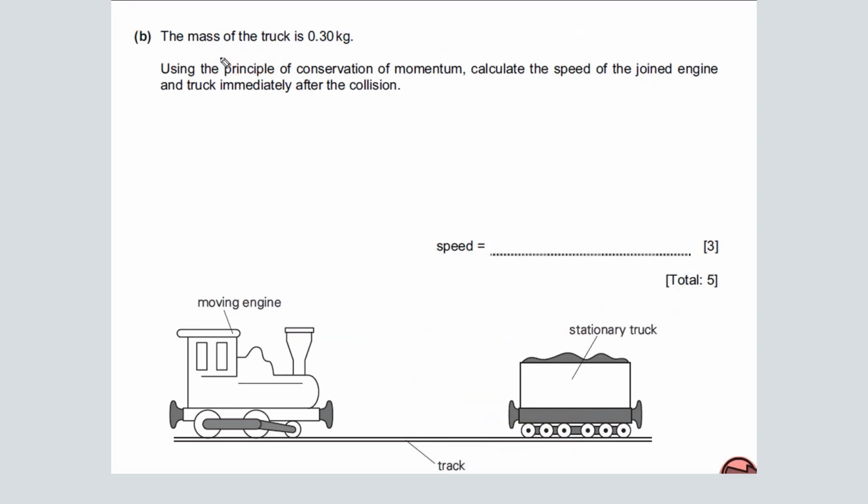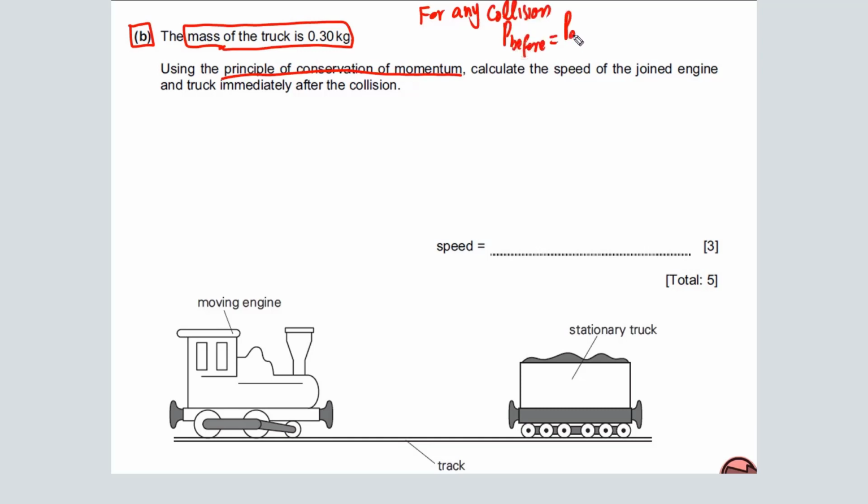For the next question, the mass of the truck is given now. This is what we need for part B. Now we need to use the principle of conservation of momentum. First try to understand what this principle is. It tells us that for any collision, momentum before is equal to momentum after collision, if no external force is acting on the system.